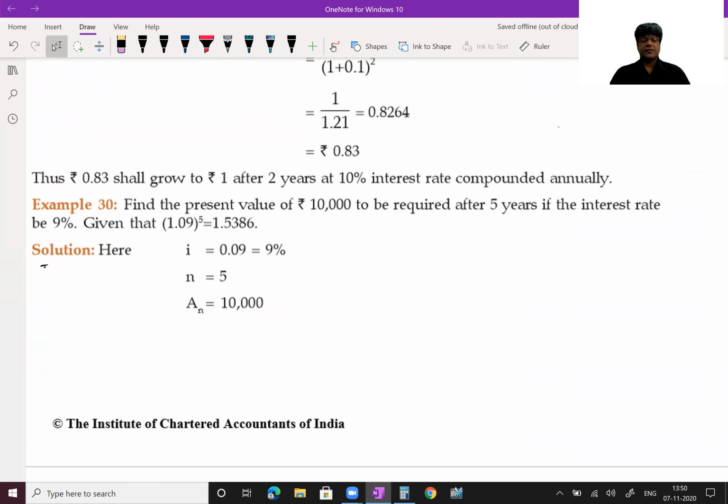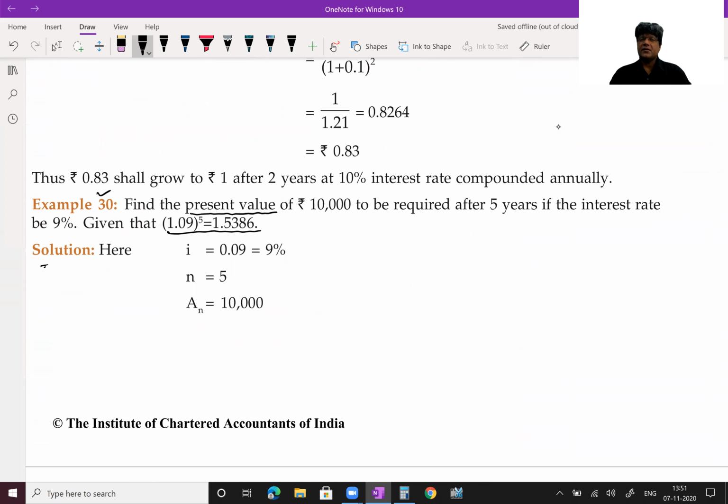See, this type of question, guys, like in example number 30: find the present value of 10,000 to be required after 5 years if the interest rate be 9%, and given that this value is supplied. Now, looking at this word present value, do not jump to the idea that this is a question of annuity.